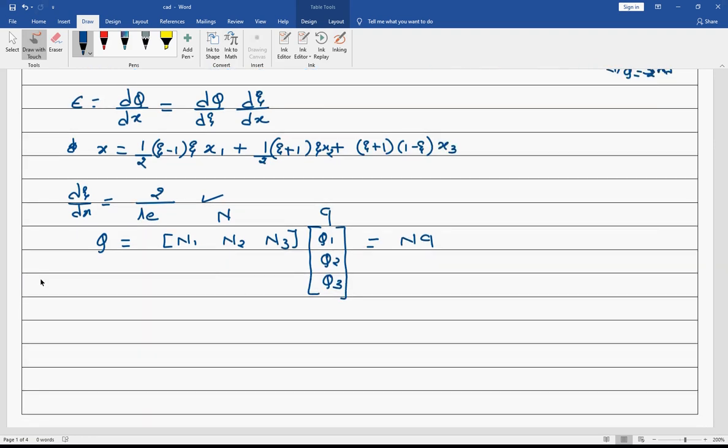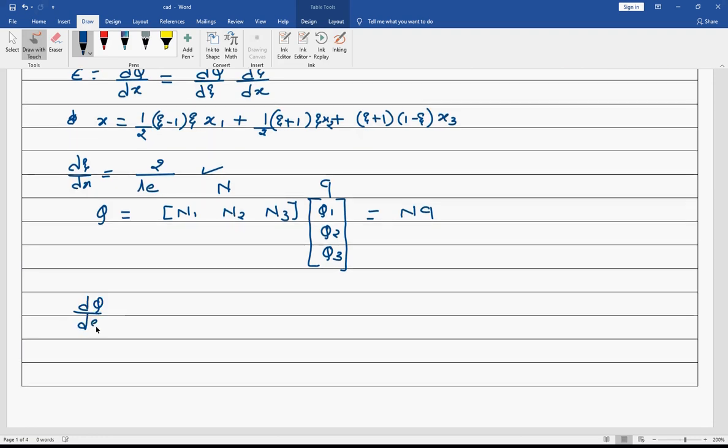Now we want dq by d psi, which will be equal to dN1 by d psi, dN2 by d psi and finally dN3 by d psi, into my q matrix, which is q1, q2, q3.